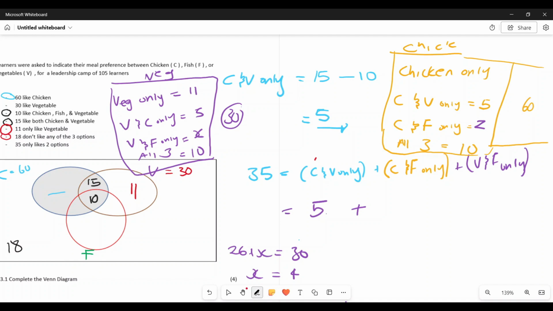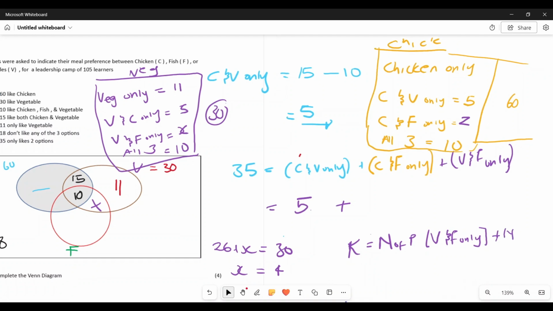And remember, to find that amount that I should include here, it will be what? It will be the number of people. So let me indicate that amount as K, for instance. It will be the number of people who prefer vegetable and fish only, plus the number of people who prefer all the three.